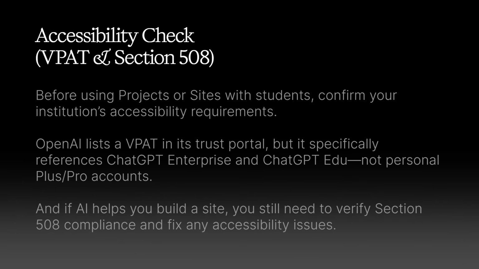Just because AI built the website does not mean it automatically meets Section 508 compliance. I know this firsthand because when I built that website, in the first 60 minutes, I found accessibility problems and I had to go back and fix it.